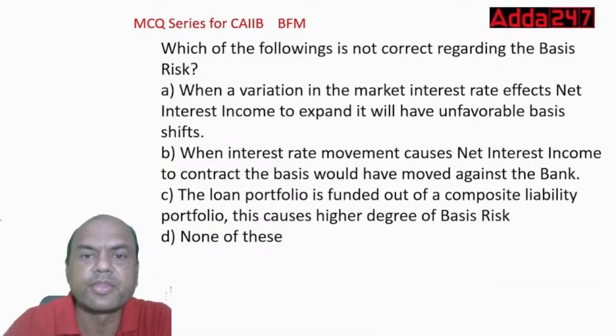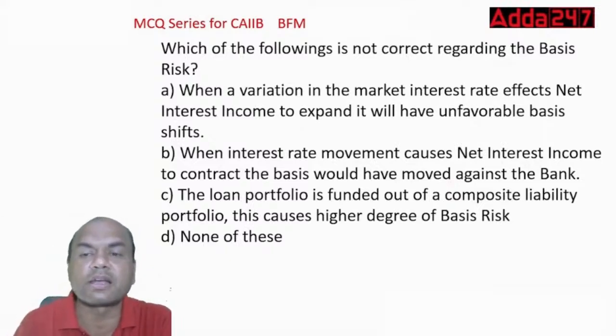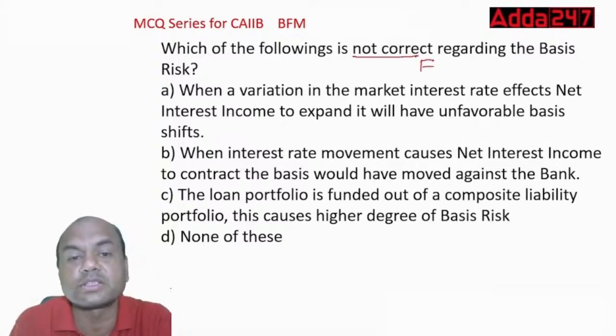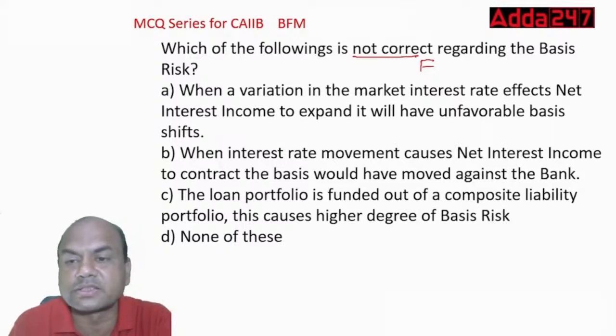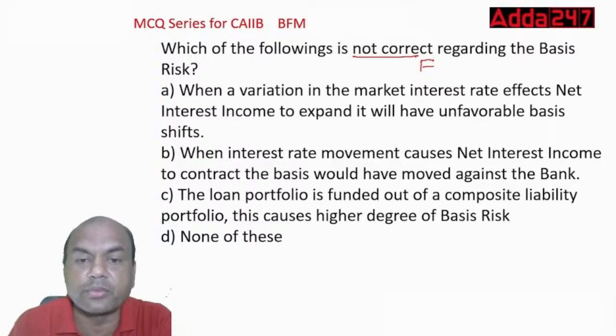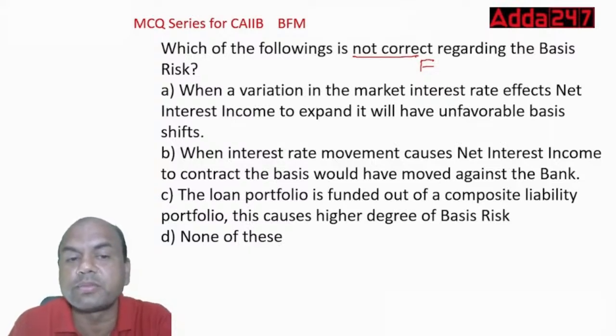Which of the following is not correct regarding the basis risk? Not. So again, we want what? False. Always immediately mark this. You want false answer. When the variation in the market interest rate affects net interest income to expand, it will be unfavorable basis shift.